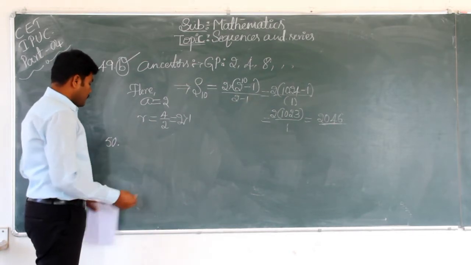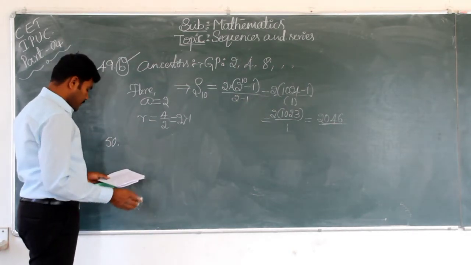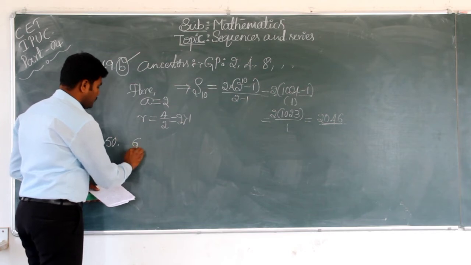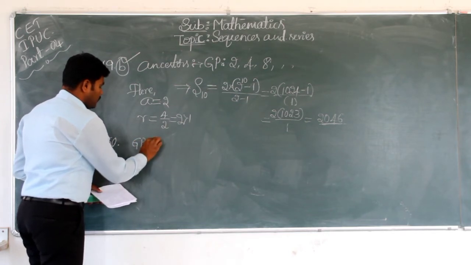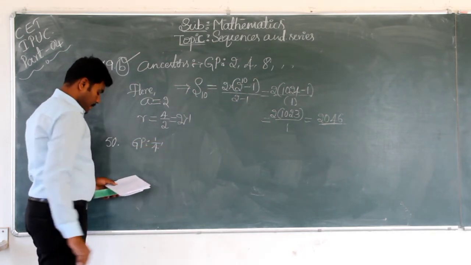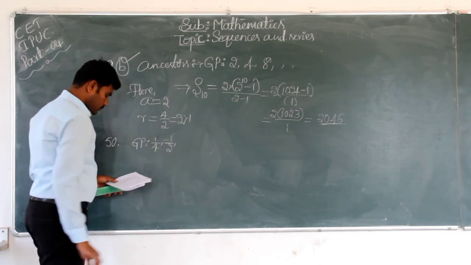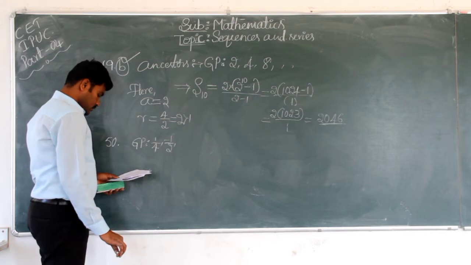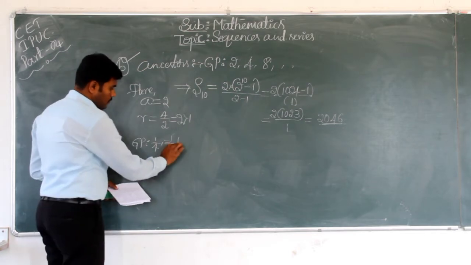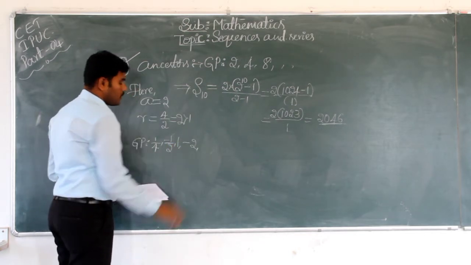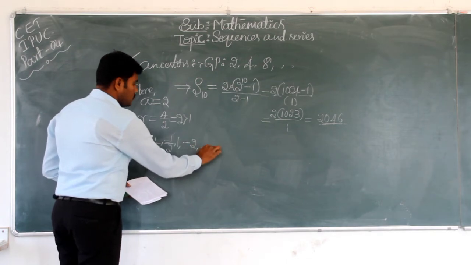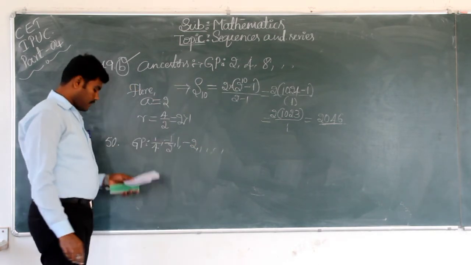See, the GP is given: 1 by 4, minus 1 by 2, 1, minus 2 and so on. Using this GP we have to find the 9th term.